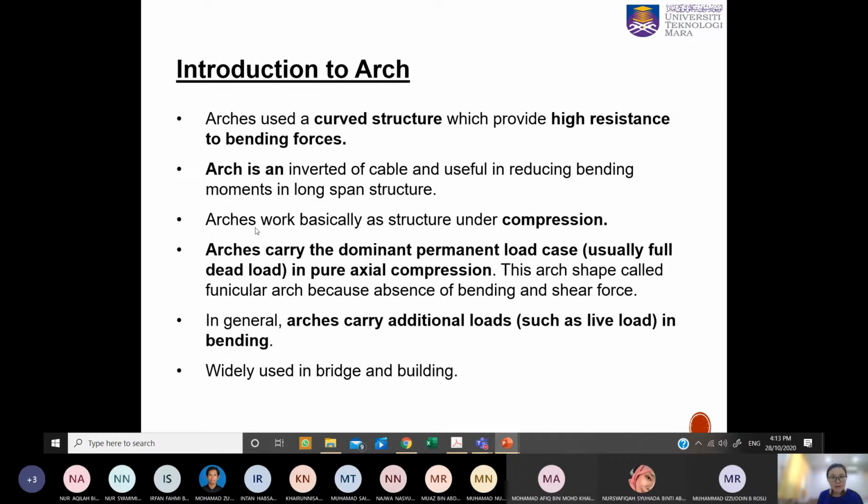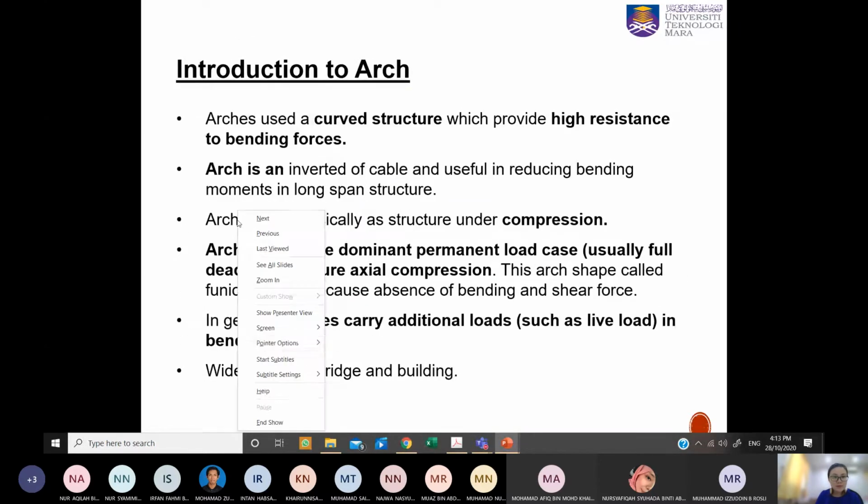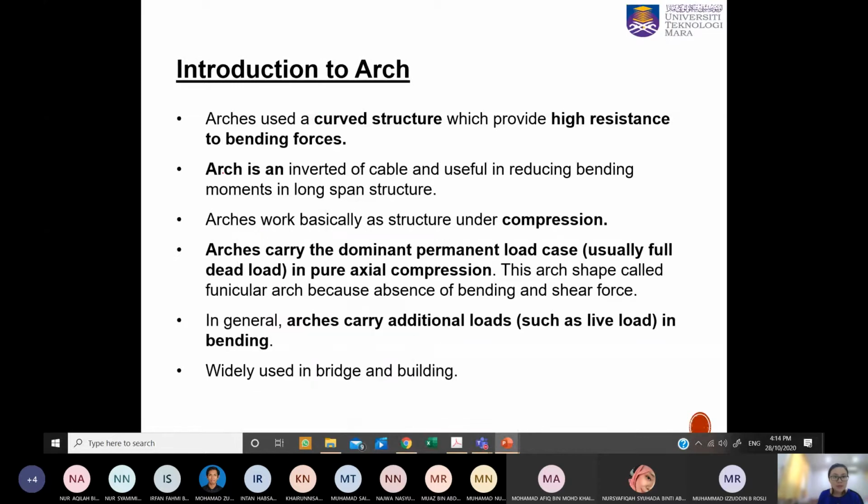For example, these arches actually work under compression. So when you analyze the arch later on, let us see whether this is true or not. Of course, the arch carries all the load.